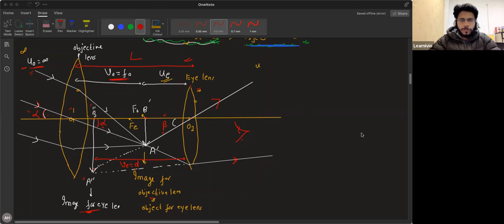Saifullah, Gautam, Minashi, can I scroll if you're done with the ray diagram? One minute, sir.